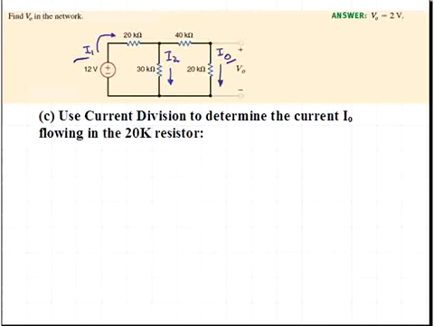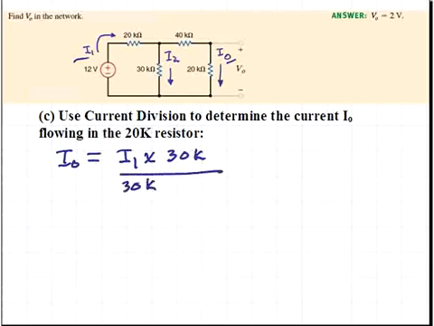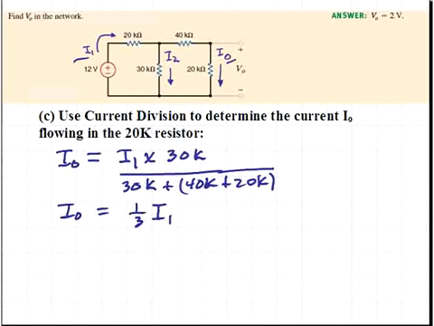So by current division, IO is equal to I1 times the resistance in the other parallel branch, which is 30K, divided by the sum of the resistances, 30K plus 40K in series with 20K, and IO is 1/3 the value of I1, which is 1/3 times 0.3 milliamps, or IO is equal to 1/10 of a milliamp.